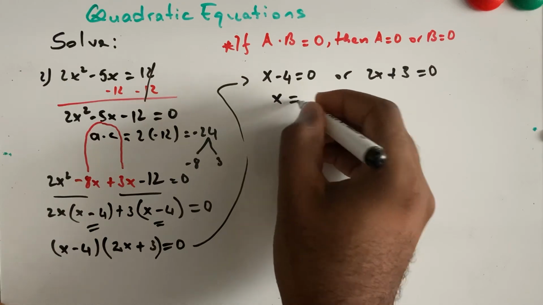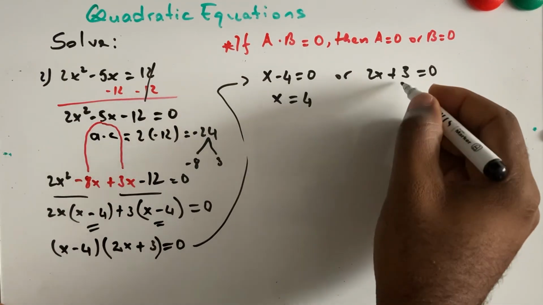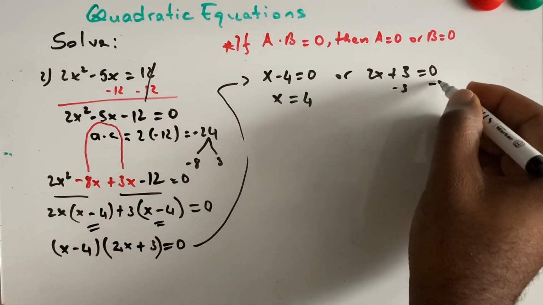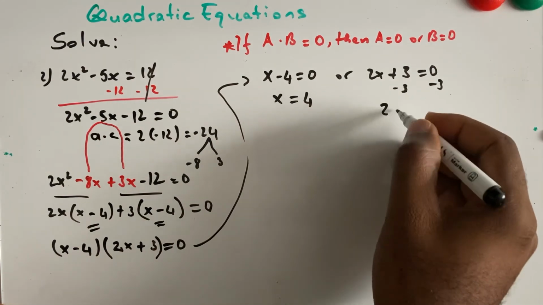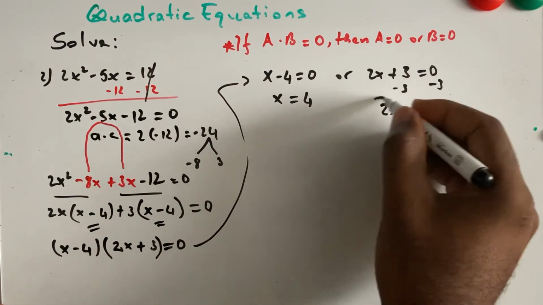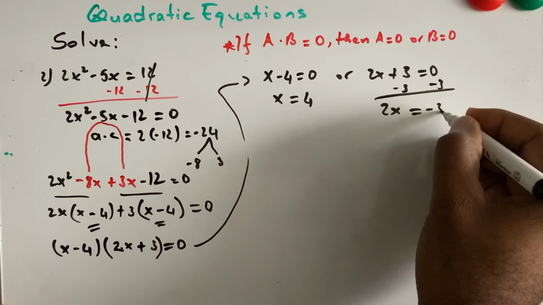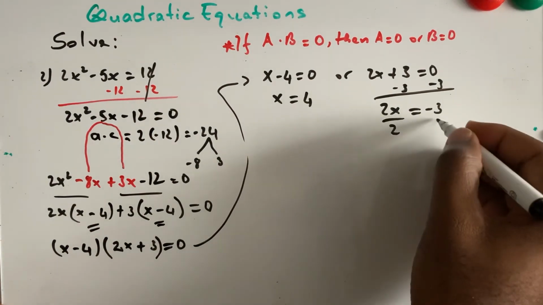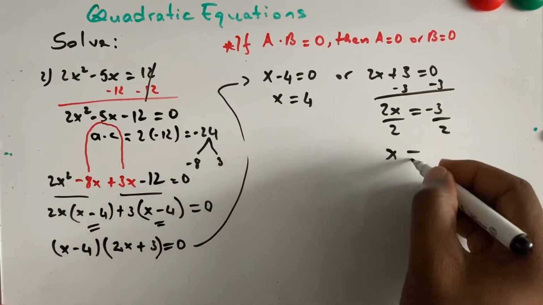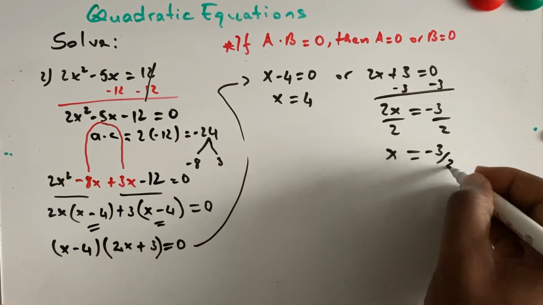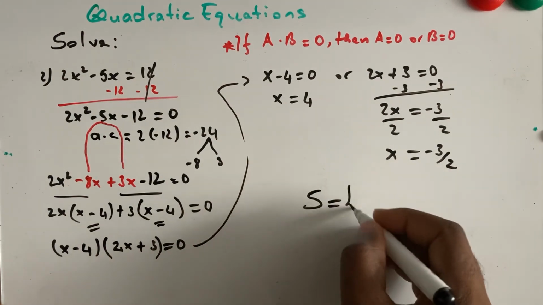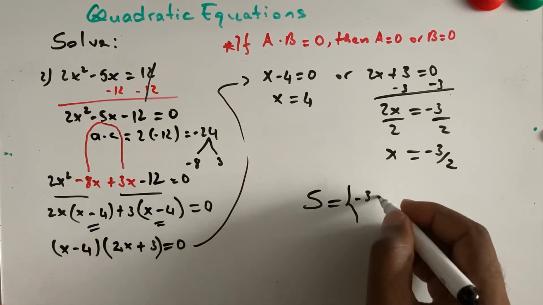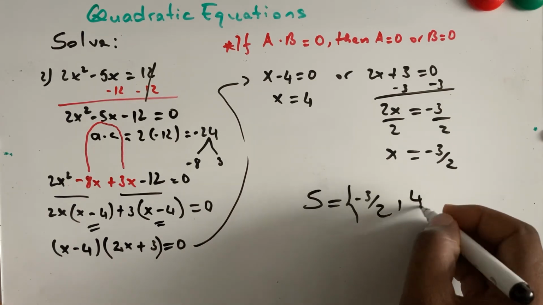So x is positive 4 here, and you subtract 3 from both sides, meaning that 2x is negative 3, and you divide both sides by 2. So x is negative 3 over 2. So the solution here is negative 3 over 2 and 4.